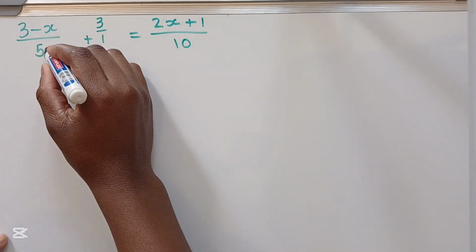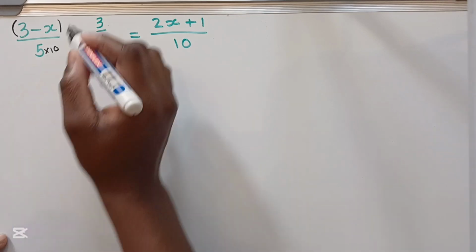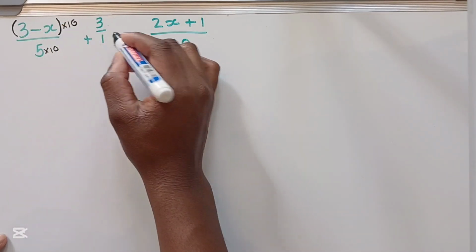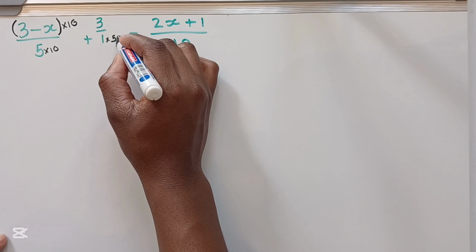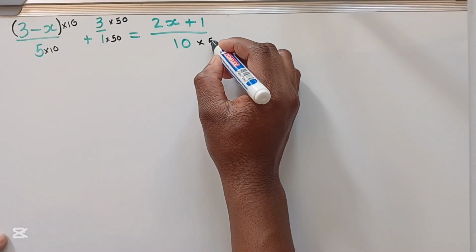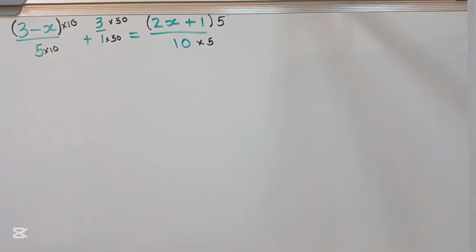So I'm going to times this by 10. What you do down, you do up as well. So I'm going to times this by 10, this by 50, by 50, this by 5, and this by 5.